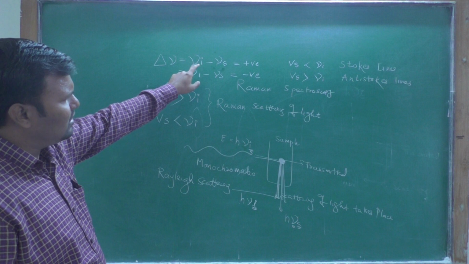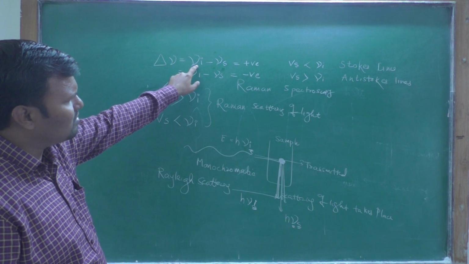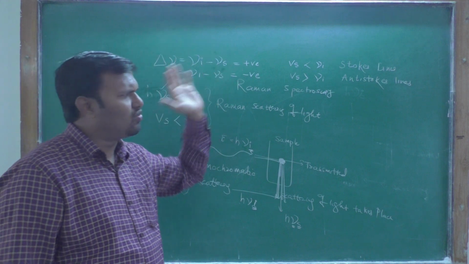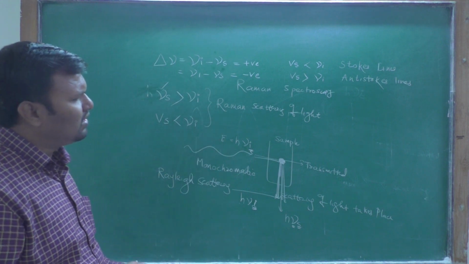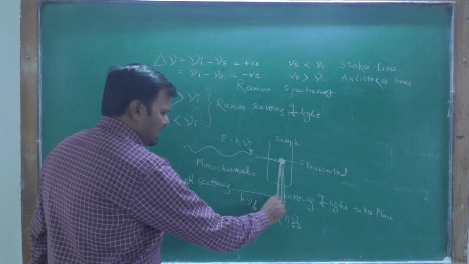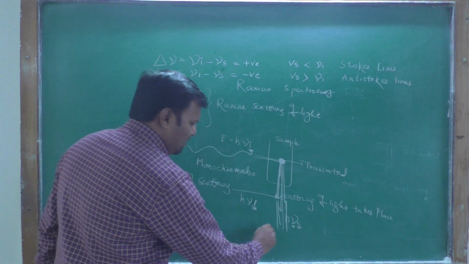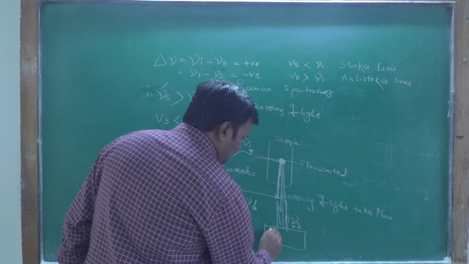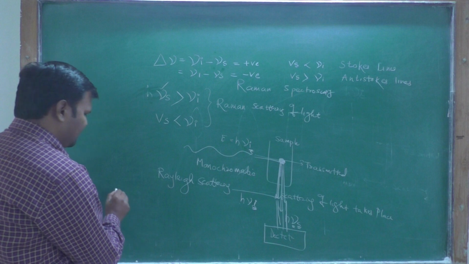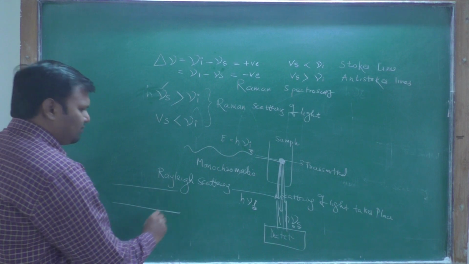If the incident frequency is higher than the scattering frequency, those lines are called Stokes lines. That frequency is detected by the detector, and you obtain a spectrum.